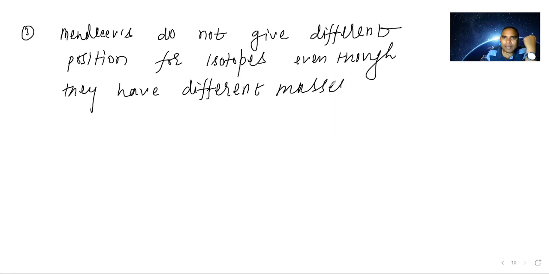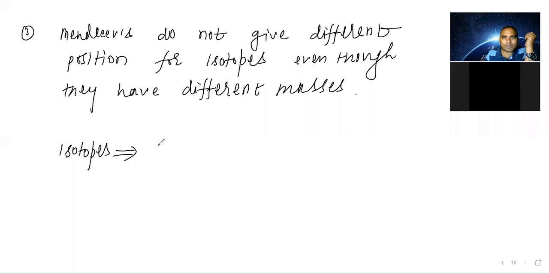Now, what are isotopes? Can you tell me what isotopes are?